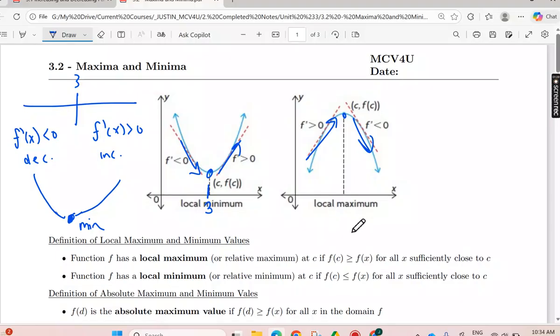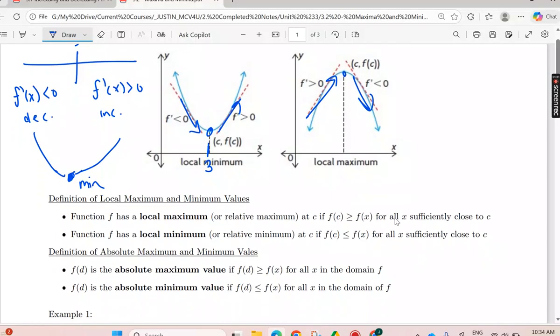Okay. Now, a couple of definitions to go through. Local max, local min. That just means locally, or in a small section of the graph, there's a high point or a low point. Absolute max, absolute minimum would be in the entirety of the graph, if there's a highest point and a lowest point.